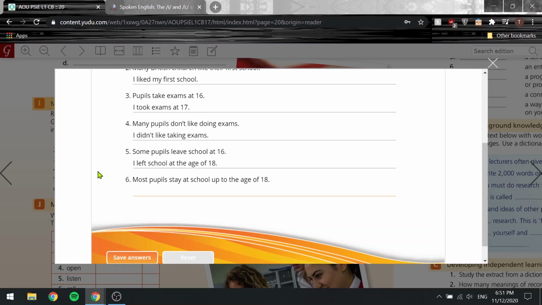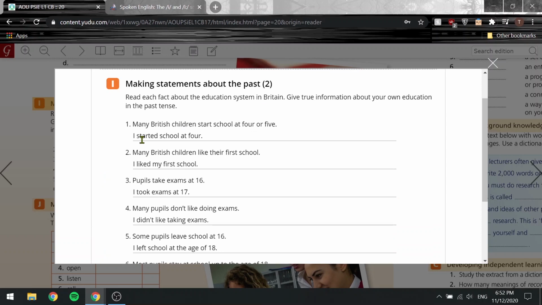Most pupils stay at school up to the age of 18. I stayed at school until I was 18. Okay? So one more time, I started school at 4.